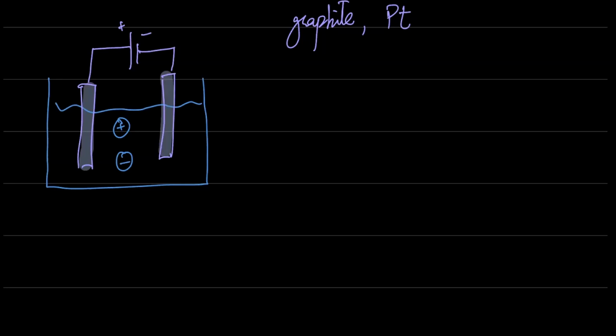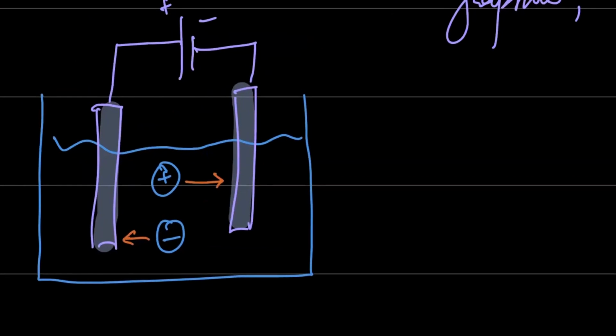These are called electrodes. Okay. Now the negative ion is going to go towards the positive, and the positive ion is going to go towards the negative. A positive ion is called a cation. So wherever the cation goes is called the cathode.